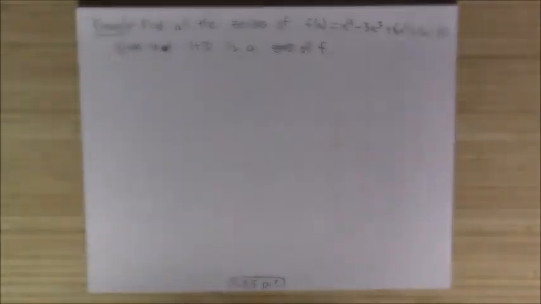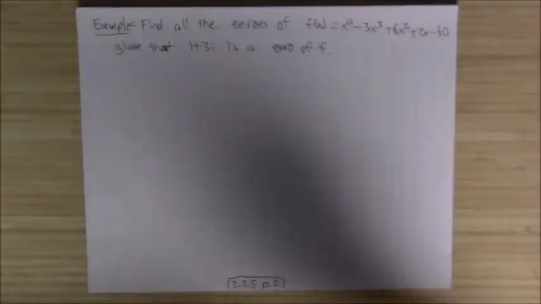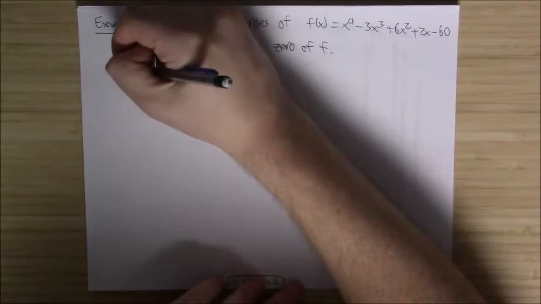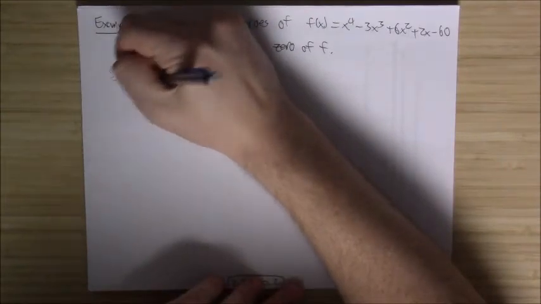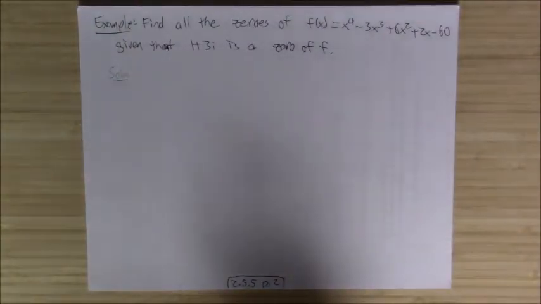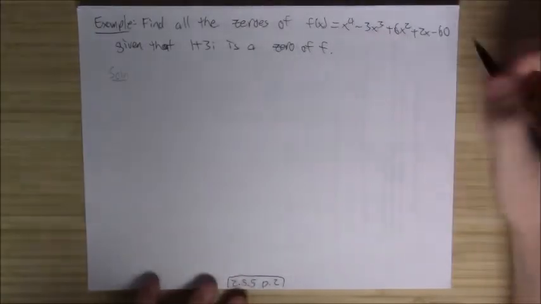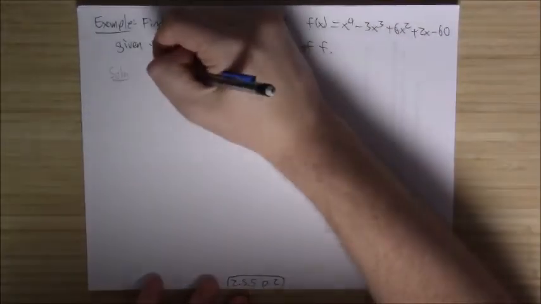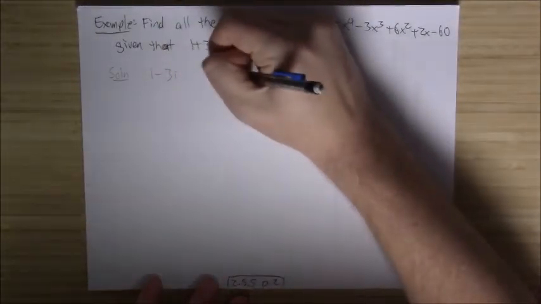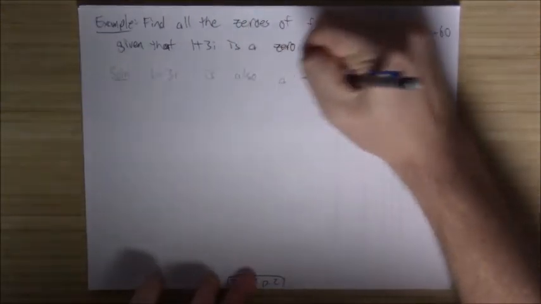So, for example, let's find all the zeros of this function, assuming that we know 1 plus 3i is a zero of f. Well, first off, if 1 plus 3i is a zero, then we know that 1 minus 3i must be a zero as well.